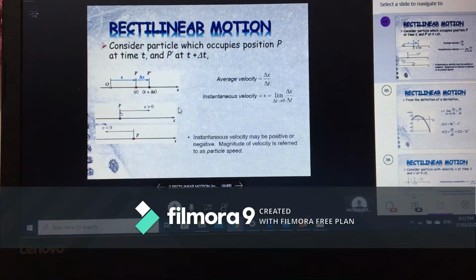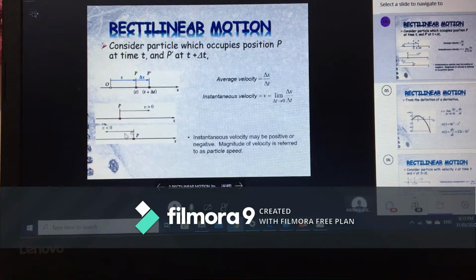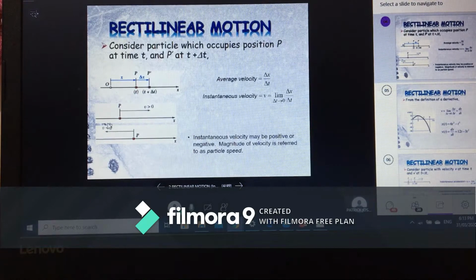We have the velocity equal to or greater than 0, that is positive. Alright, now if the particle is moving from this point going to the left, then we can say that the velocity is negative. So you can see here that v is less than 0.